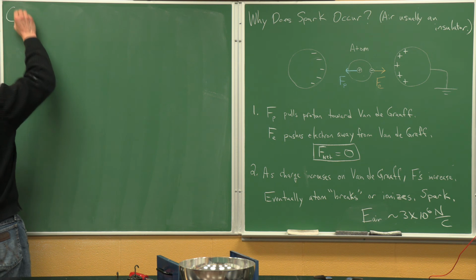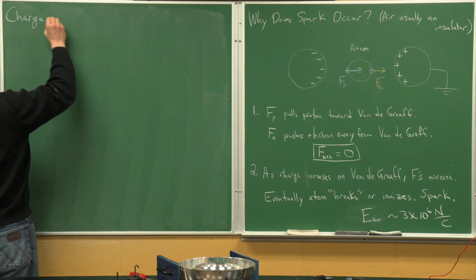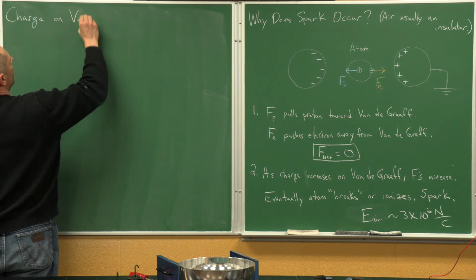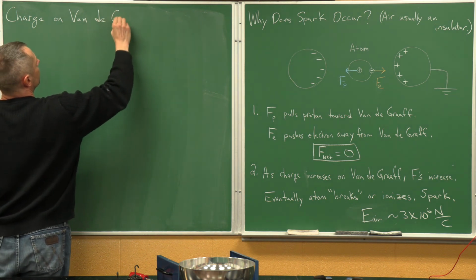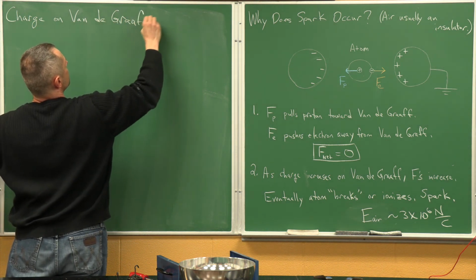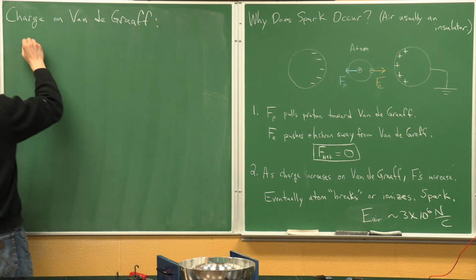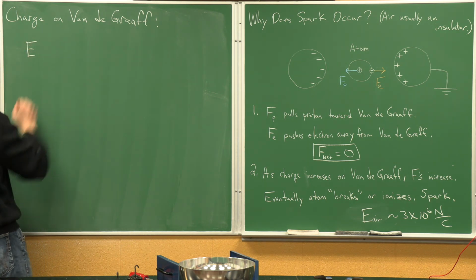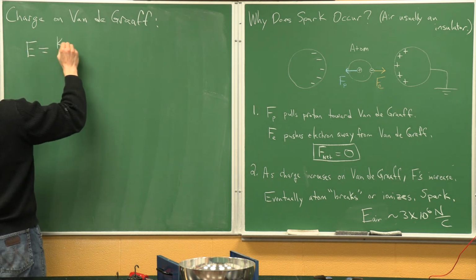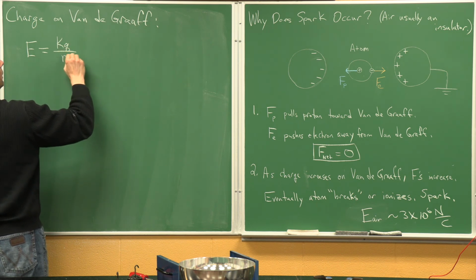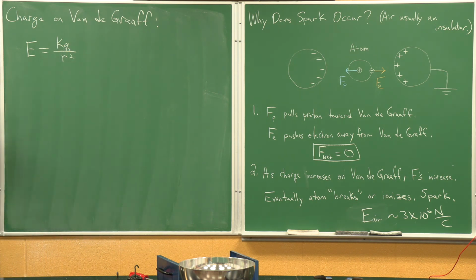So, charge on Van de Graaff. E for any sphere, we could use Gauss's law, or we could just go back to the first unit when we were studying point charges, is this.